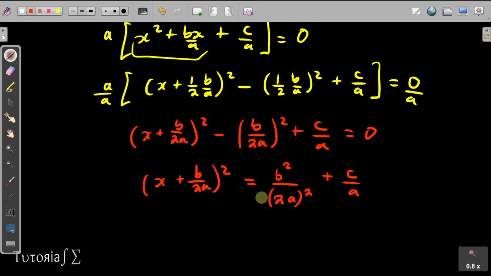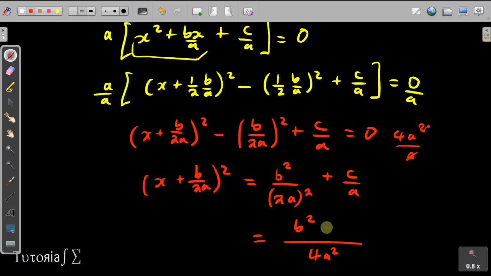Then here we want to find the common denominator on this side, which we can expand, and it will be 4a squared. So 4a squared is the common denominator here. When this goes into that, it will just be b squared. This into this will cancel with one of the a's, so we remain with 4a.